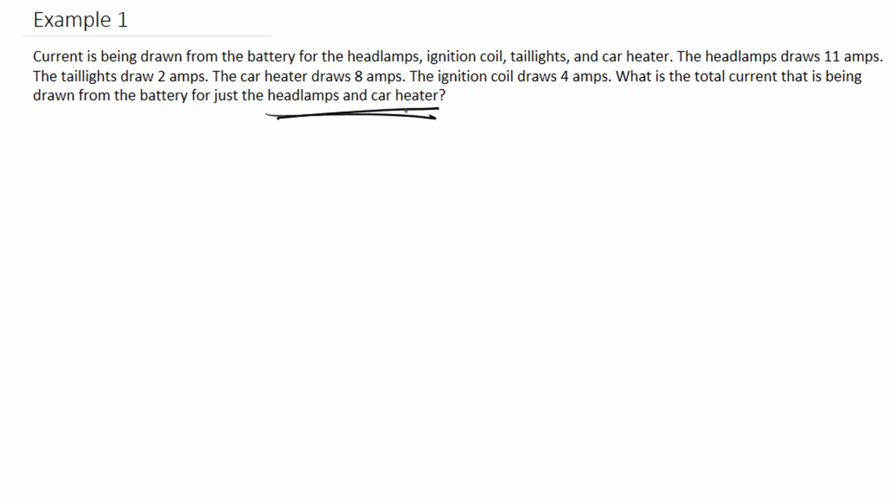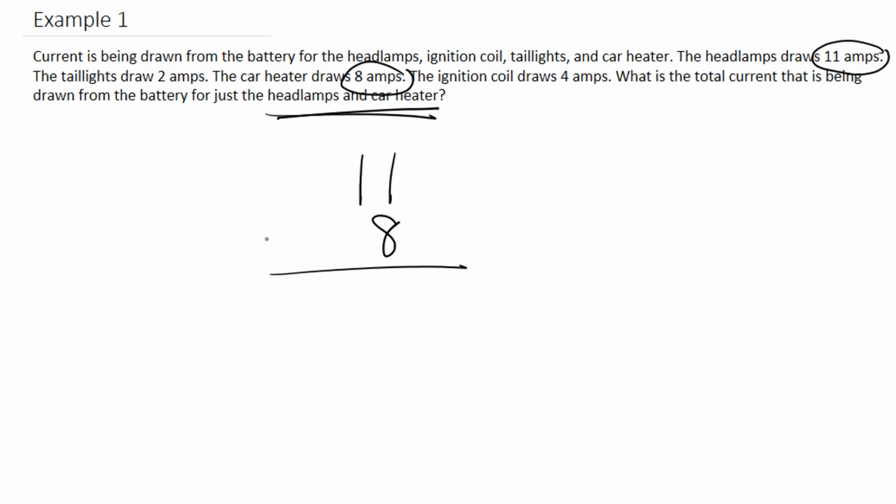So let's go back. We have headlamps, which is right here, and we have the car heater, which is right here, the 8. So let's go ahead and line up these place values. So we have 11 and 8. The 8 and this 1 here are together.